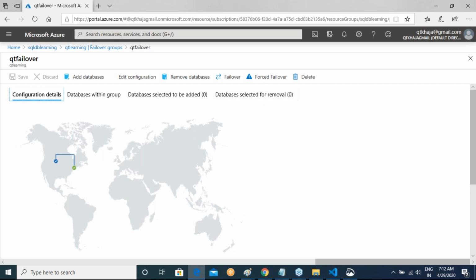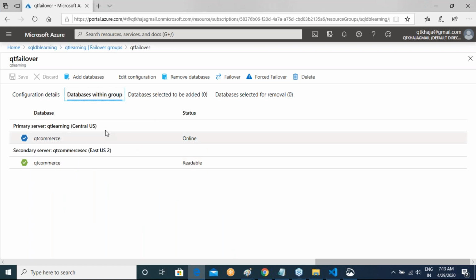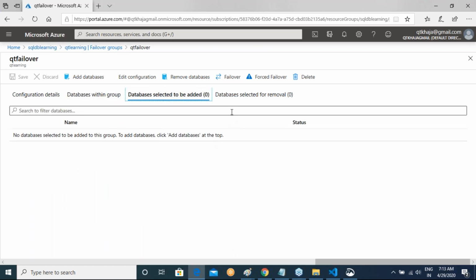If you want, you can do a forced failover. Forced failover means you are basically failing over, and this is a manual failover. If you want to manually fail over, you can do it. If you want to add the databases, you can do it, but databases which are configured to be writable are basically available over here.